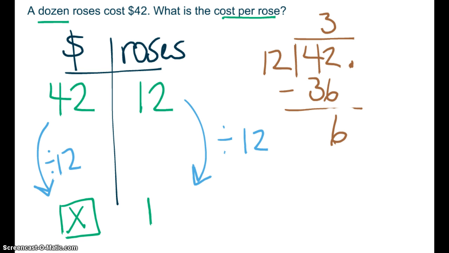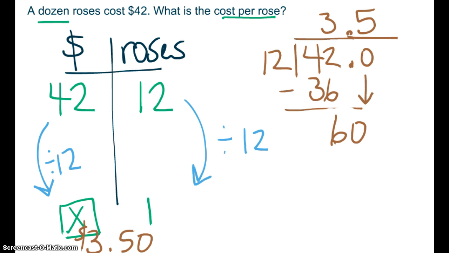I'm going to show my decimal point and bring down my 0, and I know that 12 goes into 60 5 times. So each rose is $3.50. That is our unit rate.